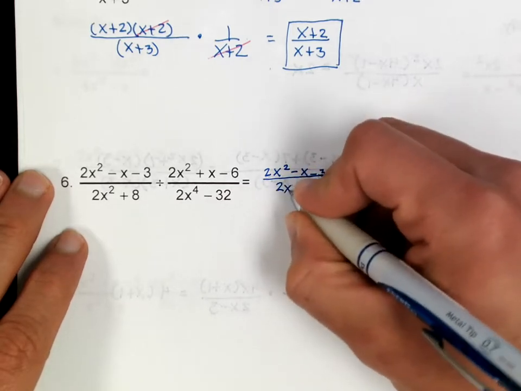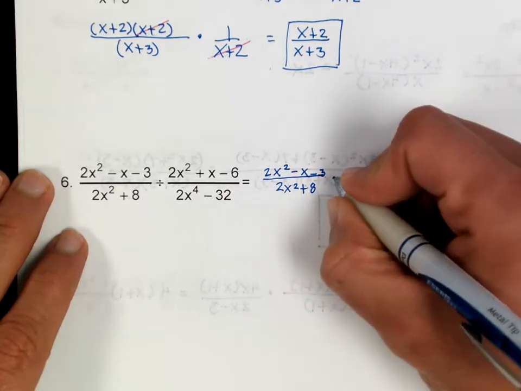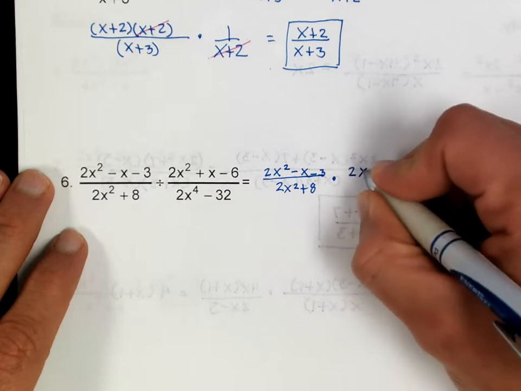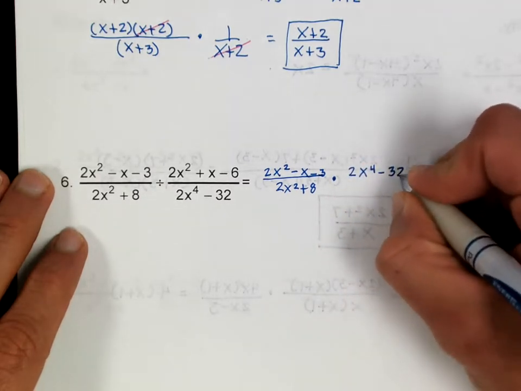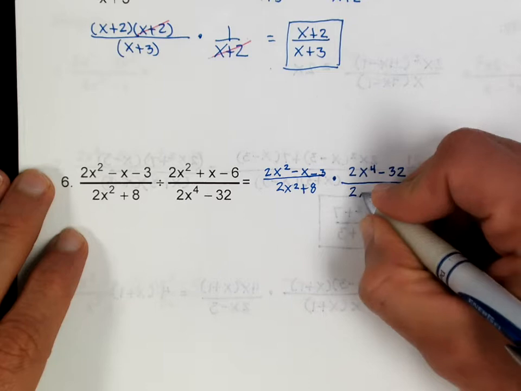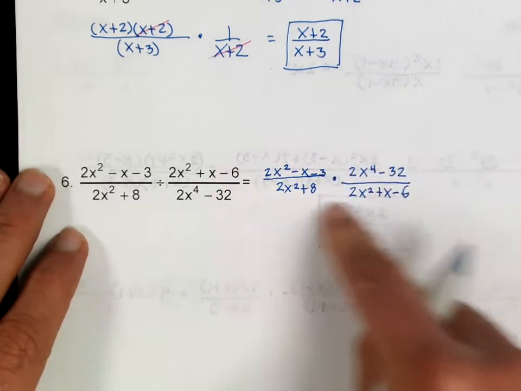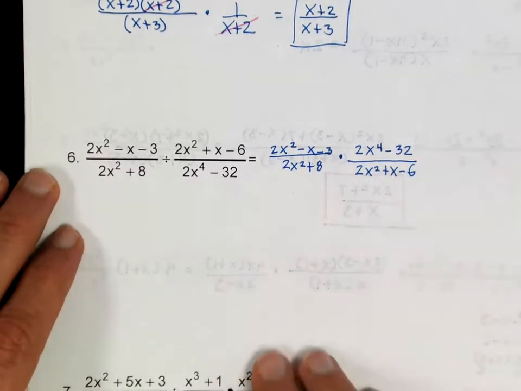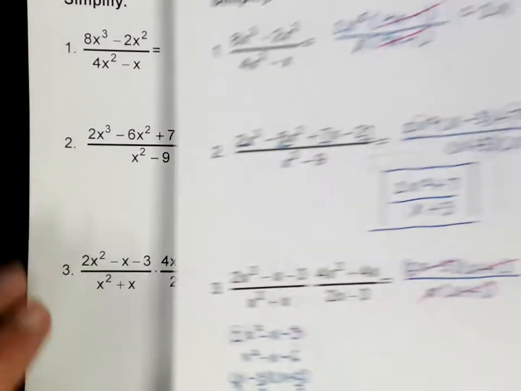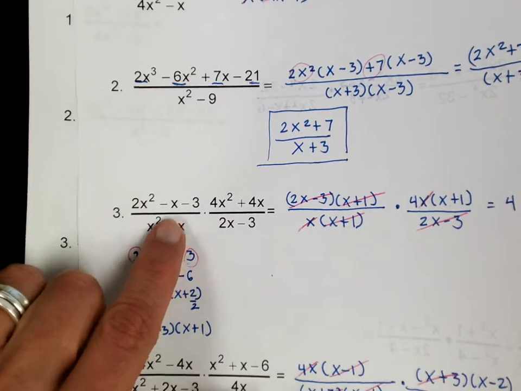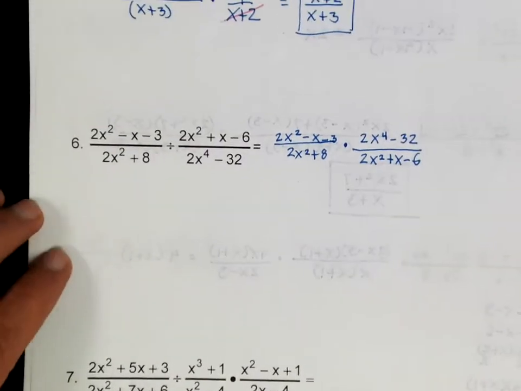I am going to change that to a multiplication sign and then flip this like this. And then now I can begin to factor. Now this right here, I'm pretty sure is the same problem as this one. Yeah, that's the same one. So if you're wondering how I got that answer, that's how I got it.